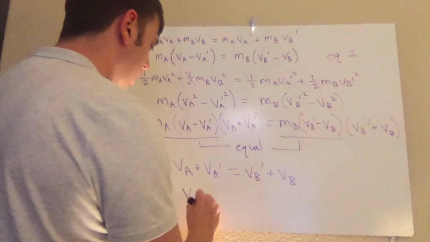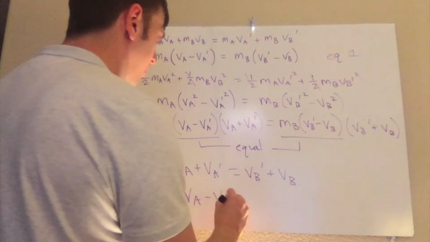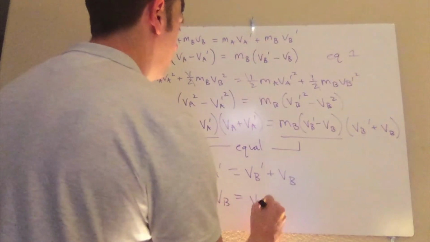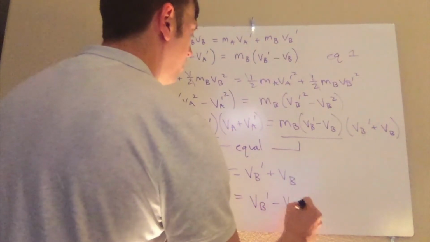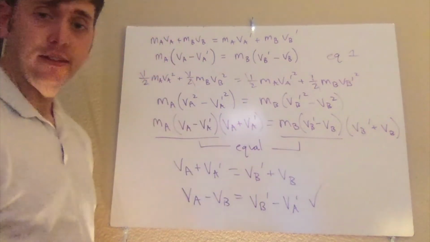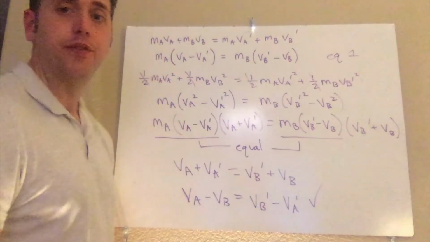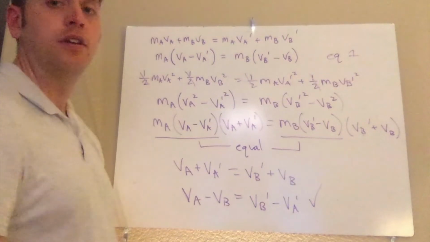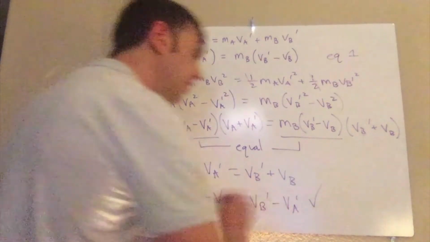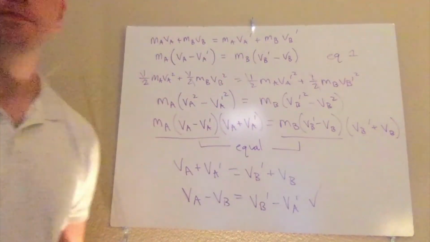So I'll have VA minus VB, so just subtract this to put it over here, equals VB prime minus VA prime. That's our equation. Again, this is only valid if you have a completely elastic collision between two objects in one dimension. That is the only time you should ever be using this equation right here.